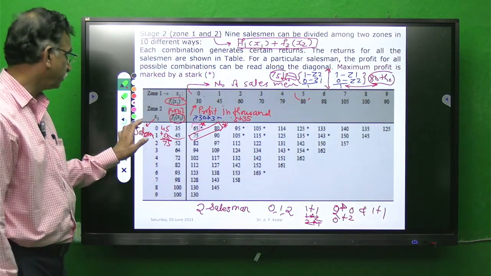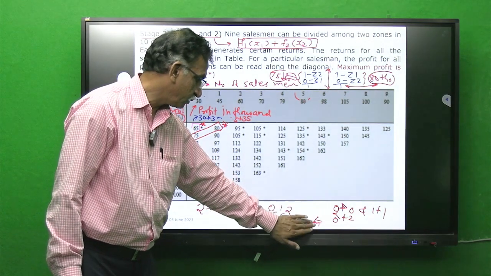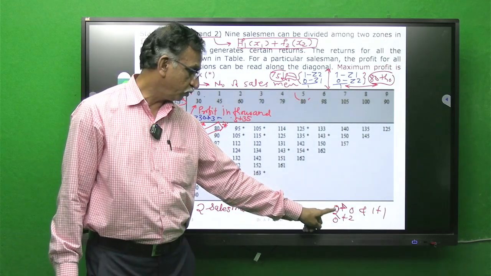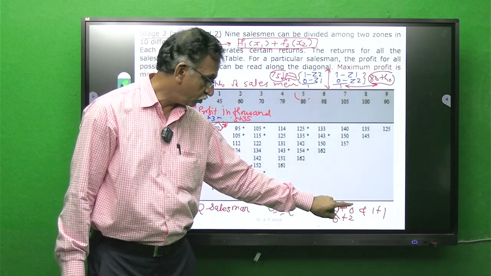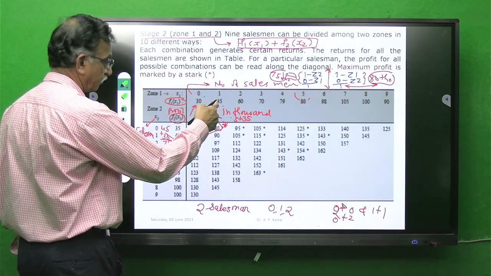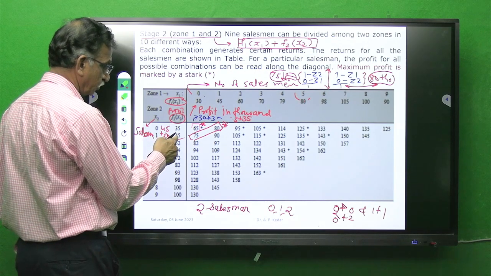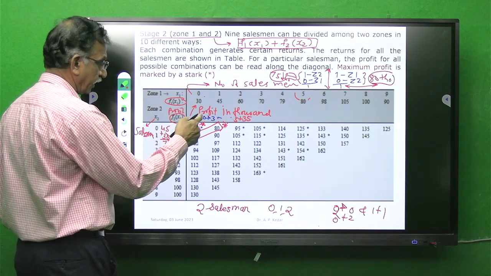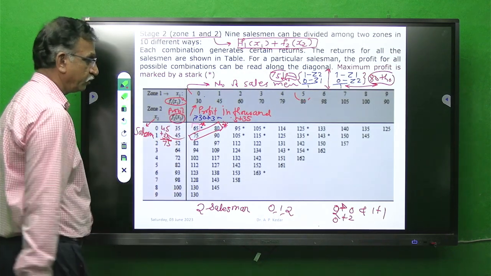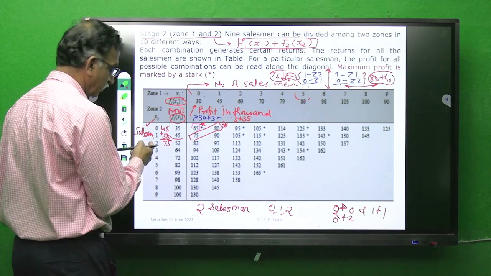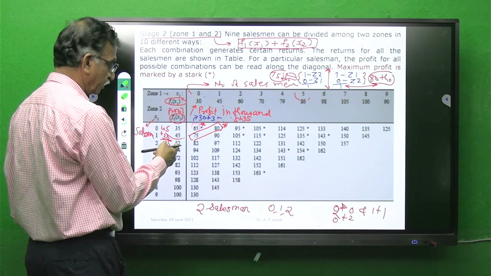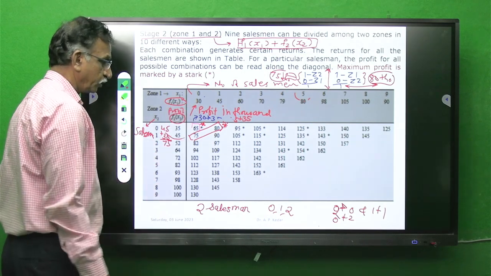These are three possible combinations for 2. Suppose we take 1, 1. 1 from zone 1, 1 from zone 2, and profit is 45 plus 45, 90. So here I get 90. And suppose I go for 2 from zone 2 and nothing from zone 1, I get 52 plus 30, 82.